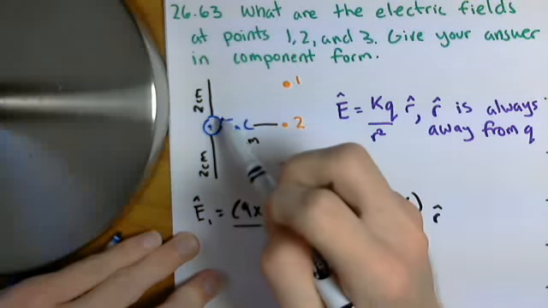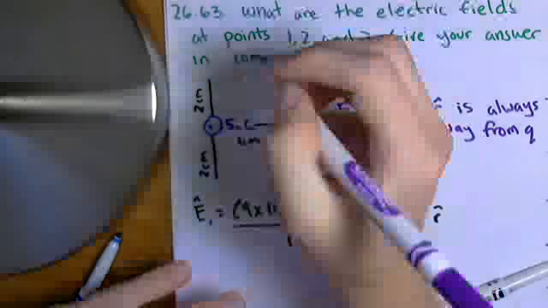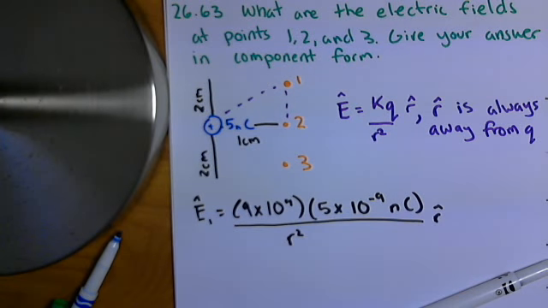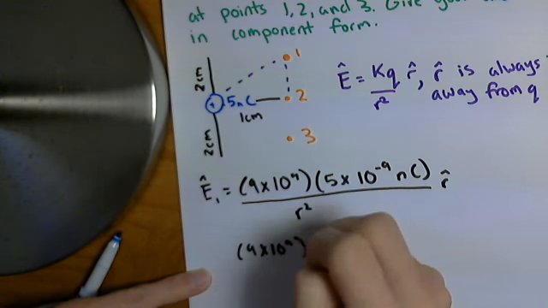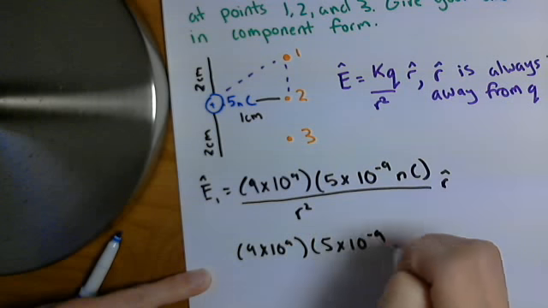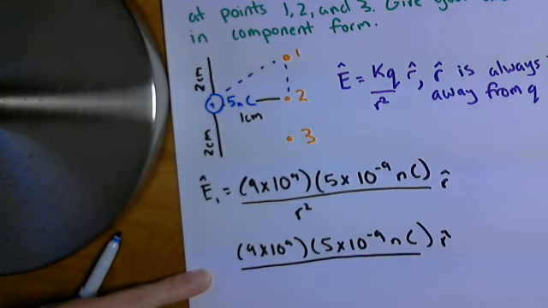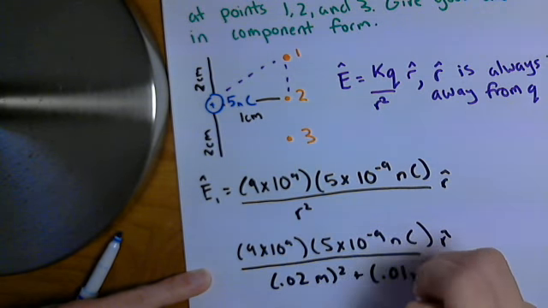Well, we have here a triangle, and we know that the hypotenuse squared is a squared plus b squared. So for R squared, we put in 9 times 10 to the 9th, 5 times 10 to the negative 9th coulombs, R hat, over a squared plus b squared, which will be 0.02 meters squared plus 0.01 meters squared.